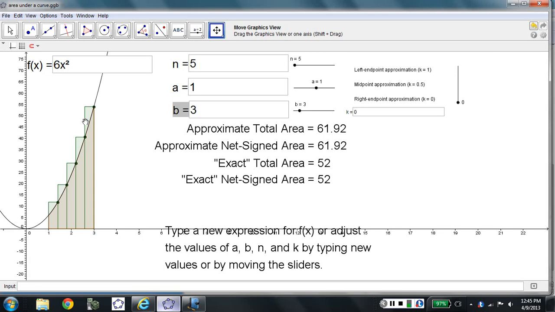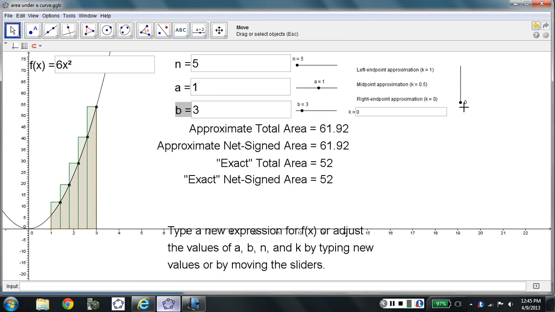You can see what's in green here, right here, right here, right here, right here. That's overestimating it. Now what we can do is adjust those rectangles a little bit. I'm just lowering the rectangles so the height of the rectangle is right in the middle of the top of the rectangle rather than at the left or at the right.